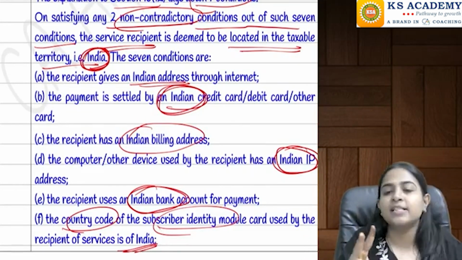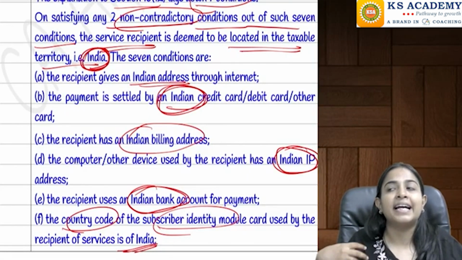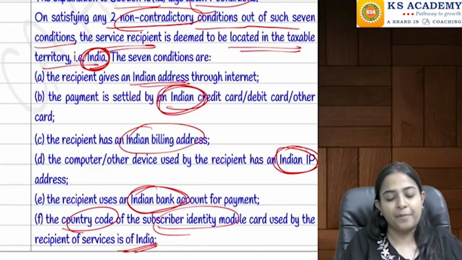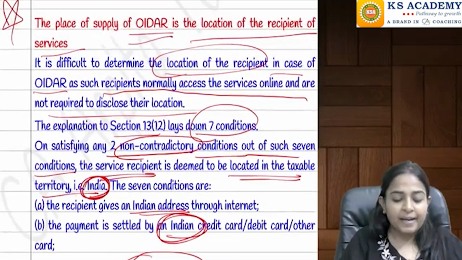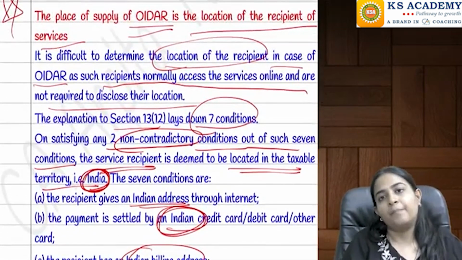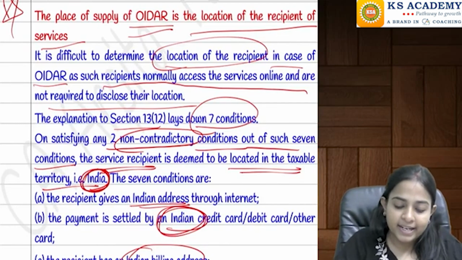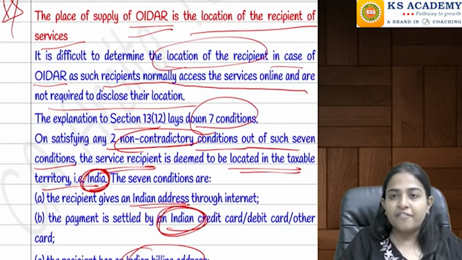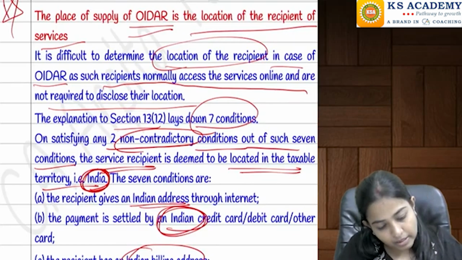If any 2 conditions out of these 7 are fulfilled, then we can say that the recipient is an Indian person. And if the recipient is in India, then as already studied, the place of supply of OIDR services will be the location of the recipient of the service. Very clear with this?